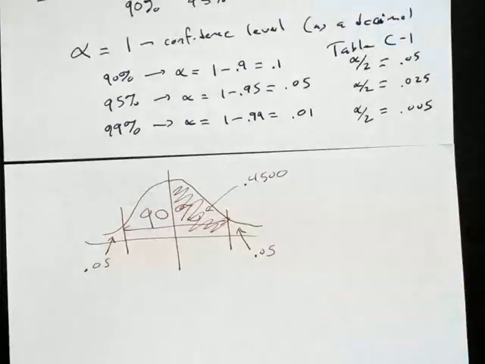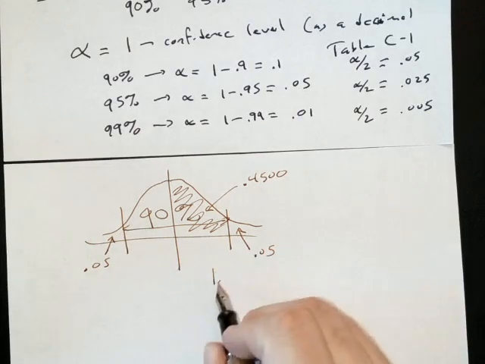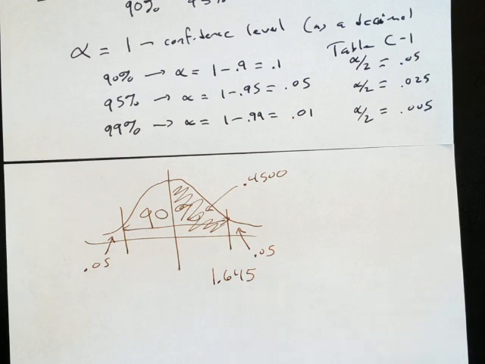Find me the closest number to 0.45. Between 1.64 and 1.65. So how about we use exactly the middle? Gee, what a familiar looking number.